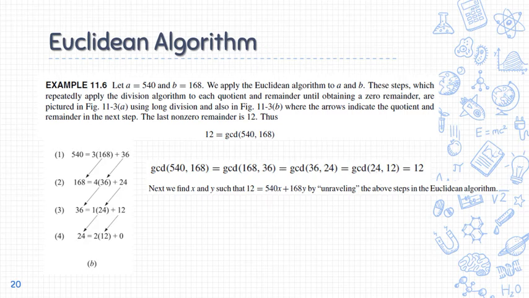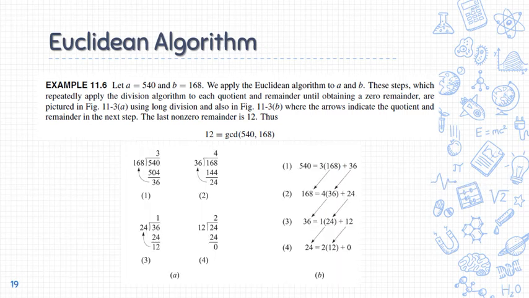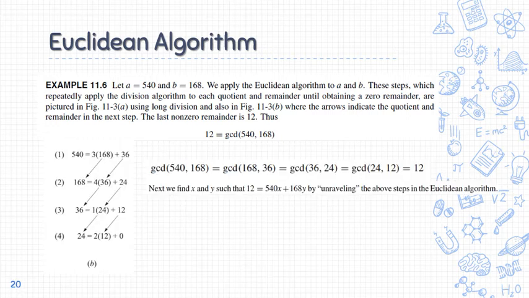So Euclidean algorithm hits a lot of birds with one stone. Okay. So just keep this in mind. Okay, this is another property that you should be able to keep in mind.